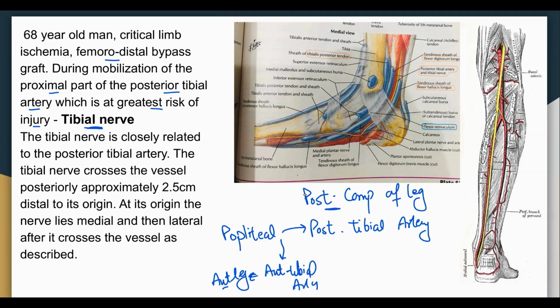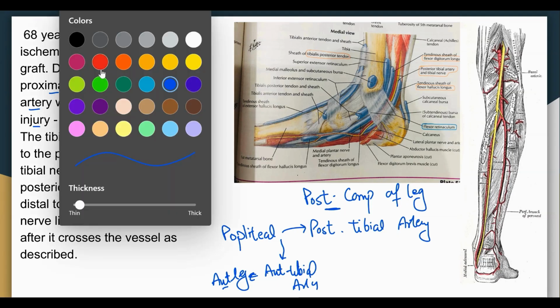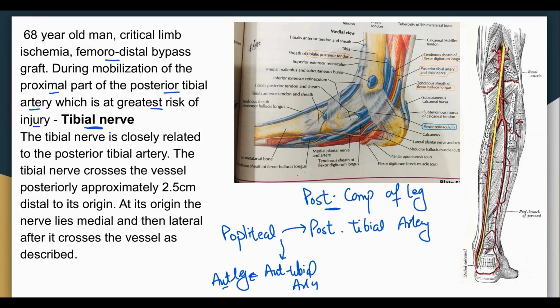There is a very beautiful concept in the lower limb that with reference to these arteries, there is always the presence of some nerve as well. So in the posterior compartment with the posterior tibial artery, we have the tibial nerve, and in the anterior compartment along with the anterior tibial artery, we have the deep peroneal nerve.